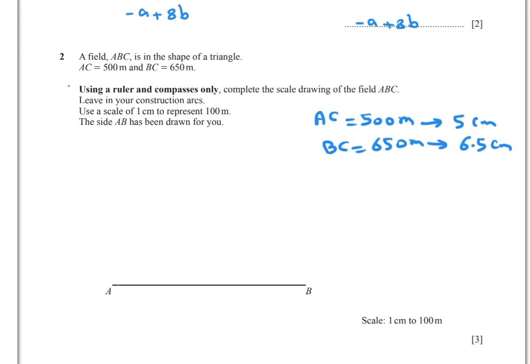Now for AC, start from A with your compass, open the compass with radius 5 centimeters and draw an arc. And from B, open the compass with radius 6.5 centimeters and draw one more arc. Now the two arcs intersect at the point which is C.